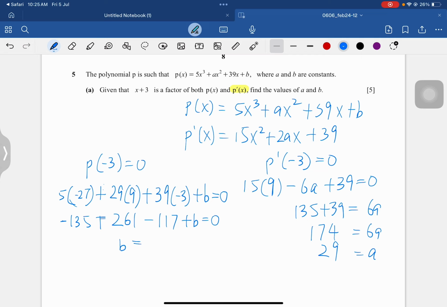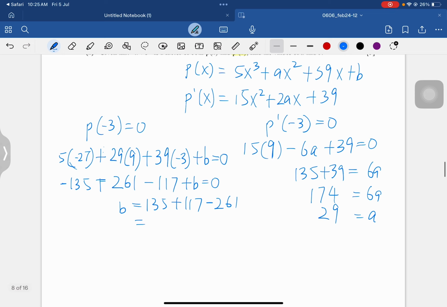So your b is going to be minus 135, through to the other side will be 135, minus 117 through the other side will be 117, minus 261. So 135 plus 117 will be 252, minus 261. Turned out to be minus 9.